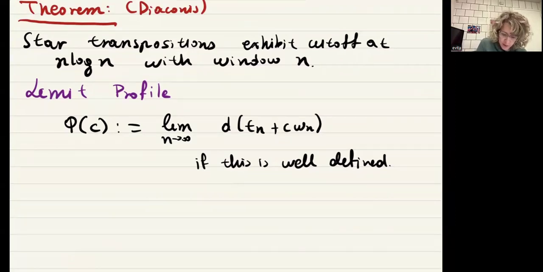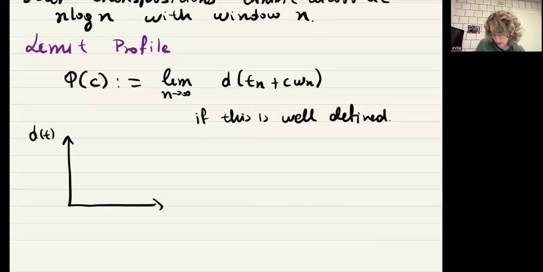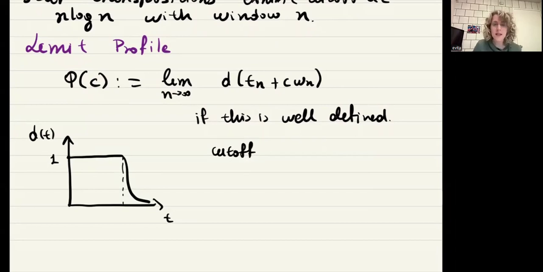This is sort of helping us understand the standard cutoff picture that people draw, which is that you take total variation distance and you take time and you start at 1, because at the beginning you're really not random, and you really stay not random, and then suddenly it drops. So that's the standard picture for cutoff.